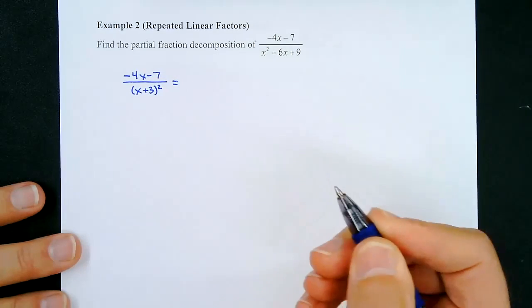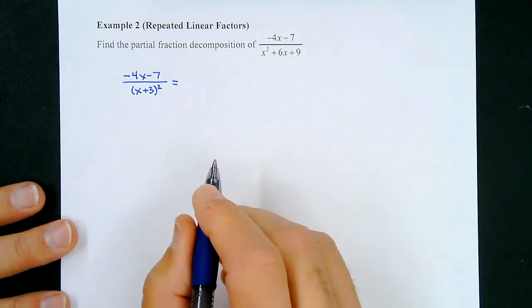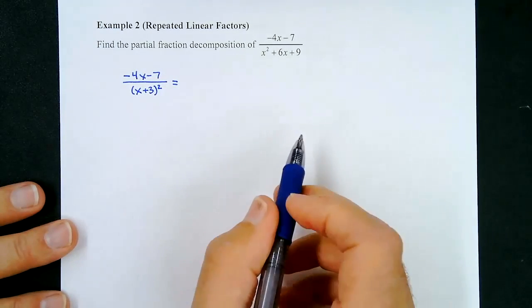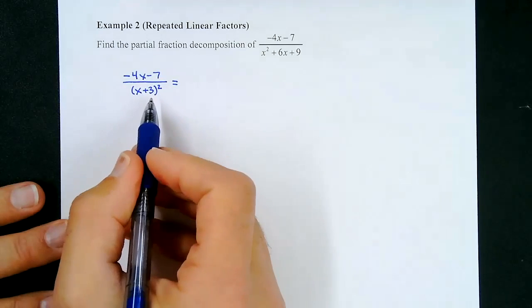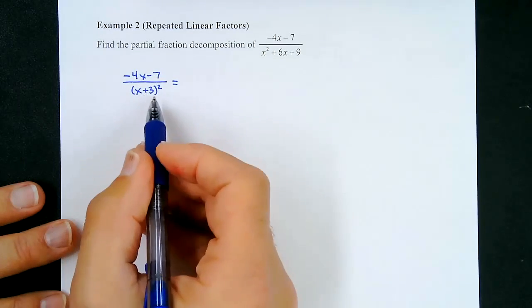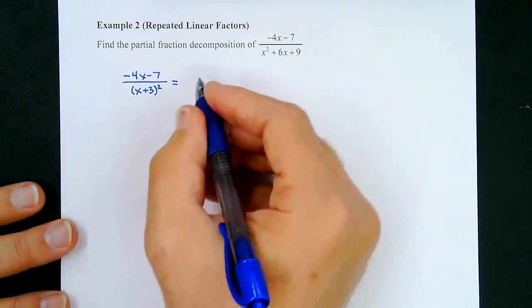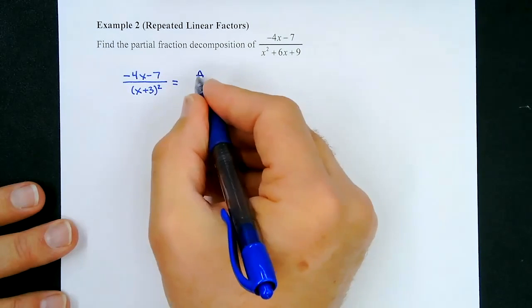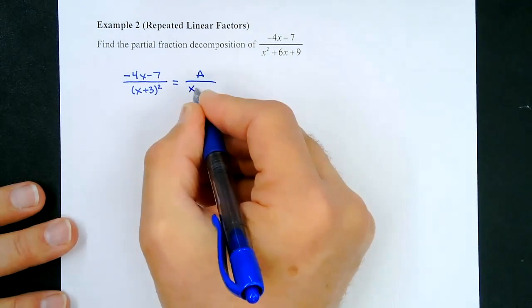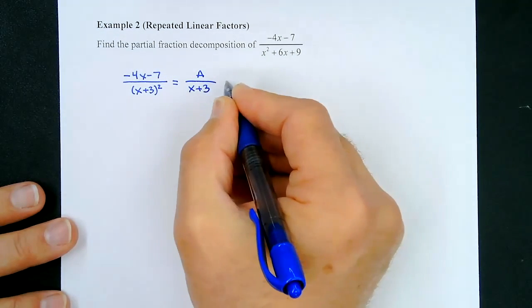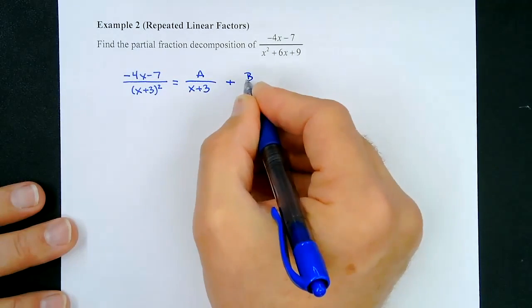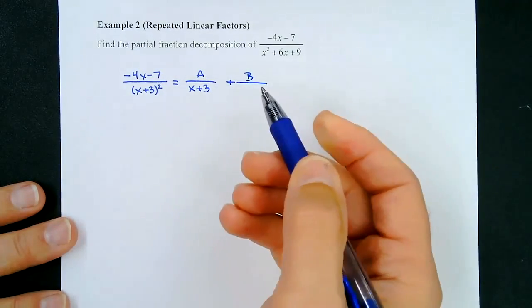Okay, so how do you break this up? Well, what happens is you have to include every possible factor you could have for this denominator, okay? So one of the factors could be x plus 3. So we're going to write a over x plus 3, and then plus b over x plus 3 squared.